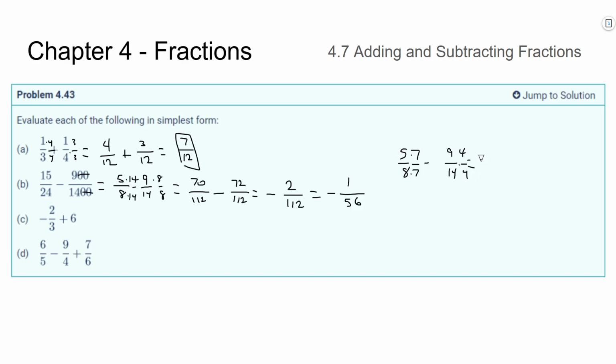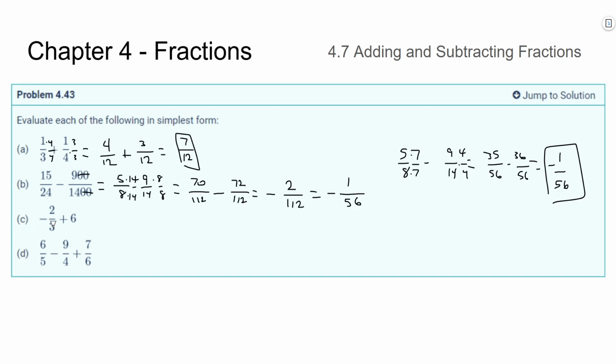So that would give us 35 over 56 minus 9 times 4 is 36 over 56. And that would give us negative 1 over 56. Well, okay. Those are easier numbers to work with. So if you can spot those common denominators, then it makes the problem a little bit easier than trying to multiply these big numbers. So that works.